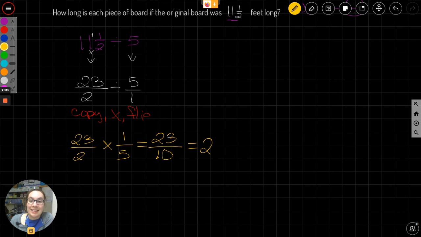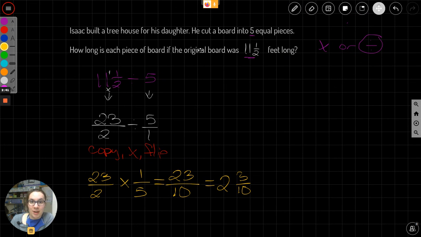And what's left over is 3 tenths. So each of these 5 equal length boards is 2 3/10 feet long. And that's it.